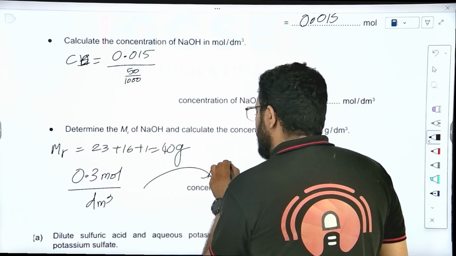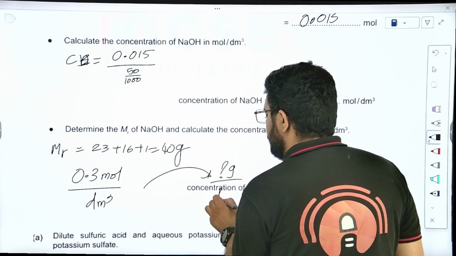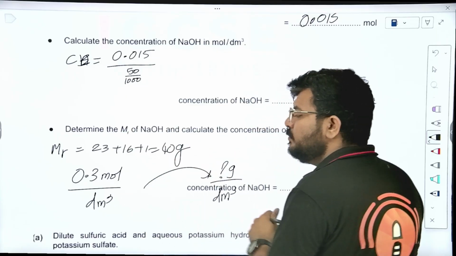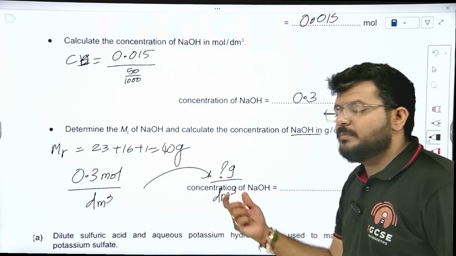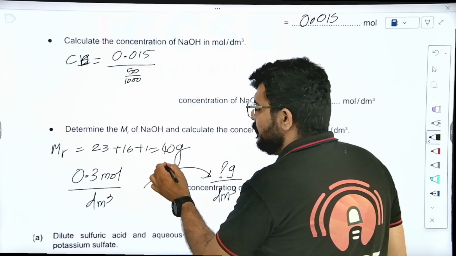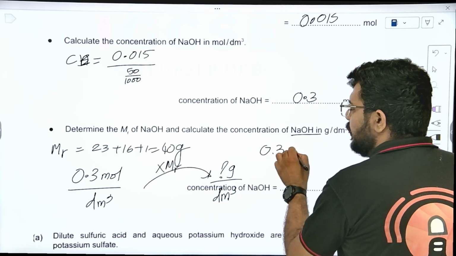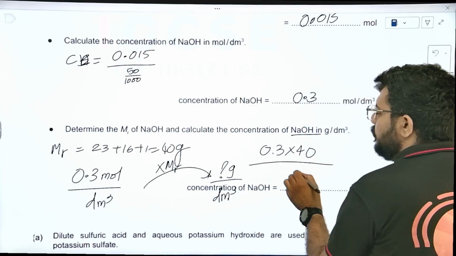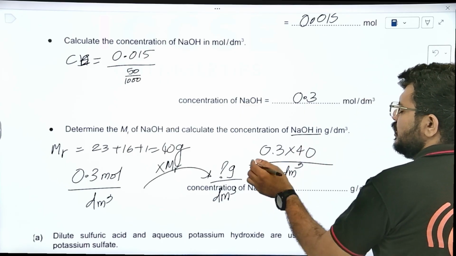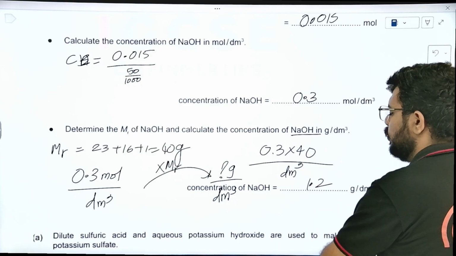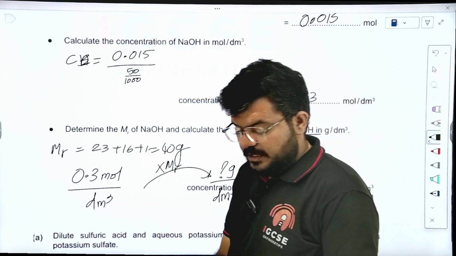This is how many grams per dm cube? Do I have a method of changing mole to gram? I do. I just multiply moles with MR. So what I'll do over here, 0.3 multiplied by 40 per dm cube as it is. So I will have 1.2 gram per dm cube.